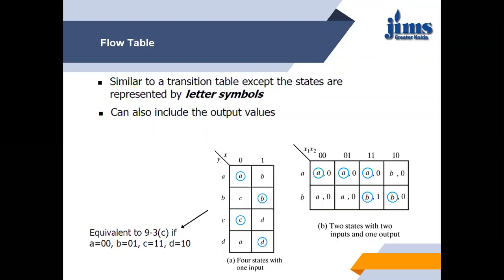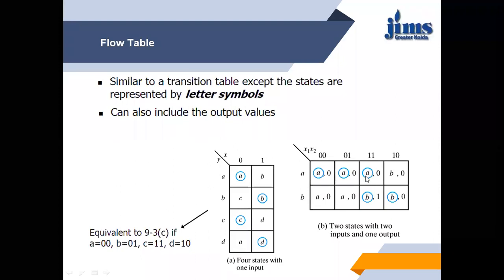This is another table which has one internal state, two inputs and one output. Here x1 and x2 are two inputs. Y is only one, so it has two values, A and B. So A comma 0, 0, A comma 1, B comma 1: the values after the comma are the output values, and the circled value is the stable state.